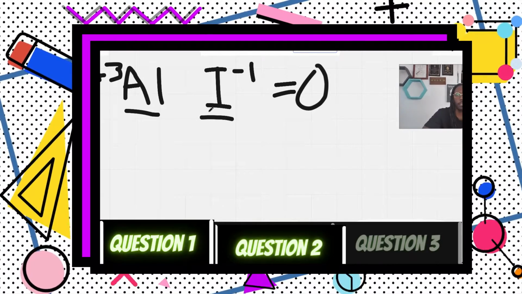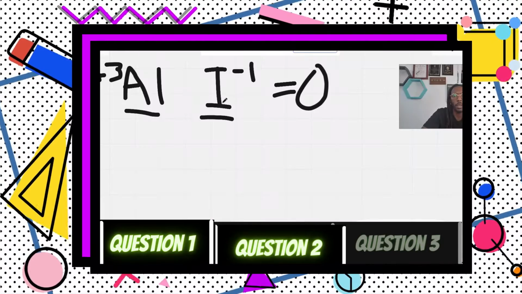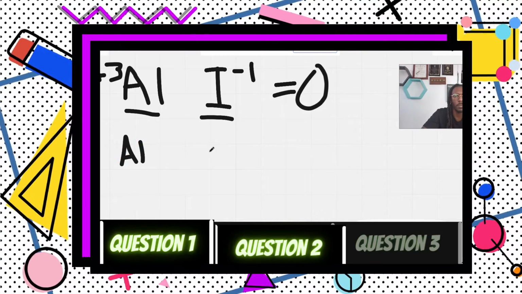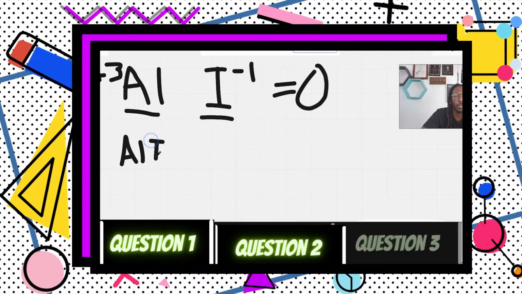Basically, anytime you see this, you're going to have more -1s to balance out this +3. So I'm going to have my 1 aluminum, and then I'm going to have my iodine here.